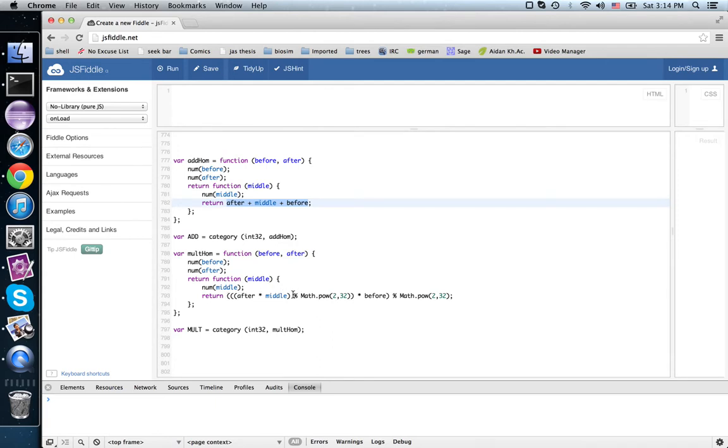This was going overboard because I was trying to use integers, but if I'm just using numbers, I can just multiply them. So here are two different ways to get a category from numbers. This should be num. I can either add the numbers or multiply the numbers as my composition operation.